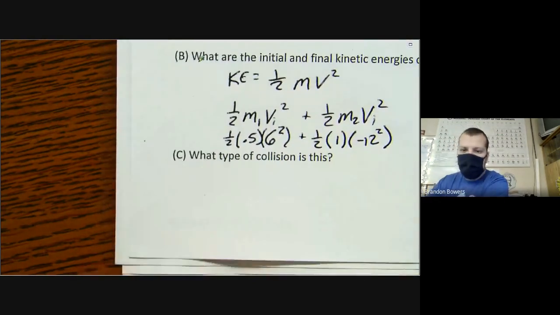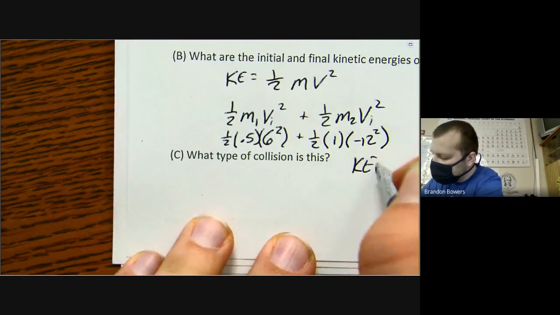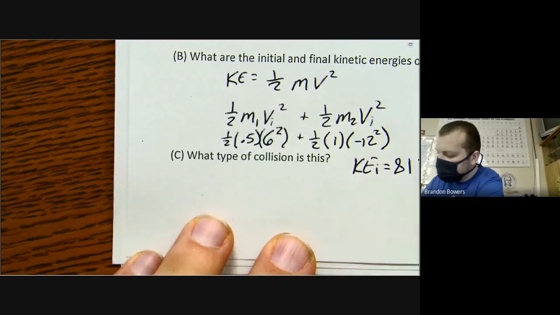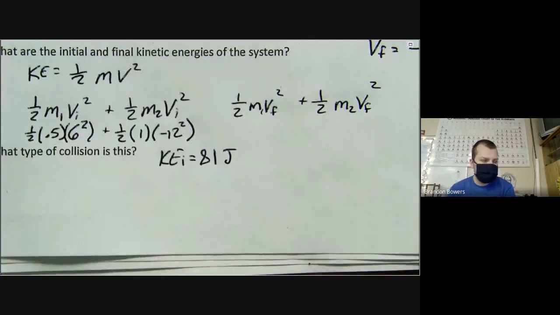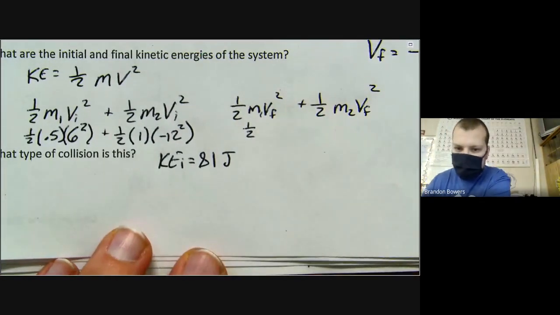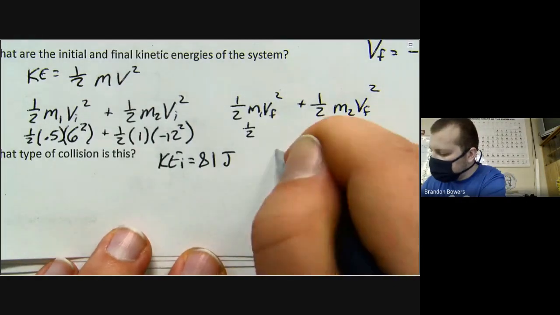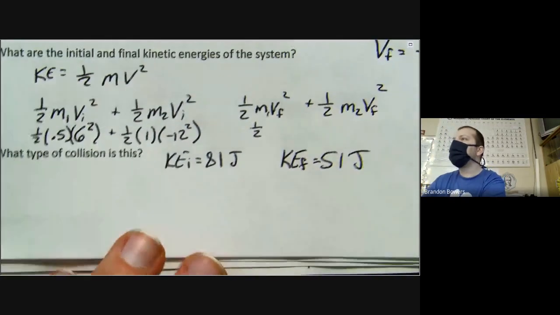So once you plug that in, anybody get an answer for that? 81? Oh, because it's squared. So the kinetic energy initial is 81. What's the final? It says 51. Everybody get 51? You guys need me to show that, or are we good?